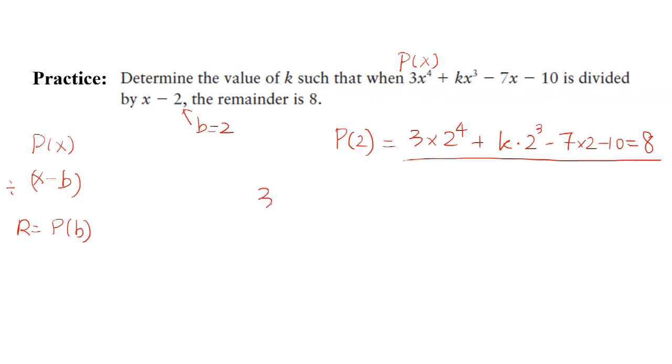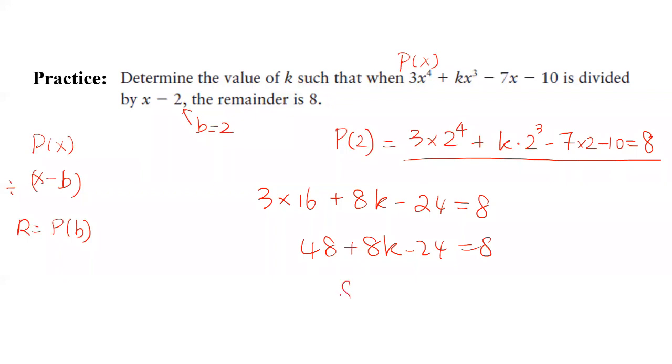So basically, this is 3 by 16 plus 8k minus 24 is 8. So 48 plus 8k minus 24 is 8. So 8k is 8 minus 24, which is minus 16. So k is minus 2, right?